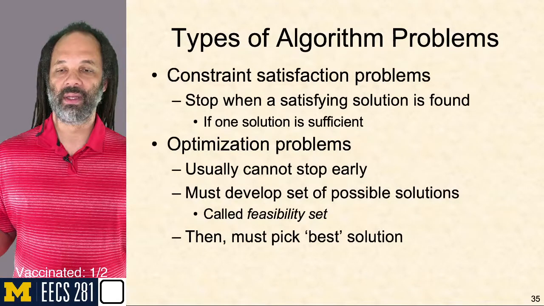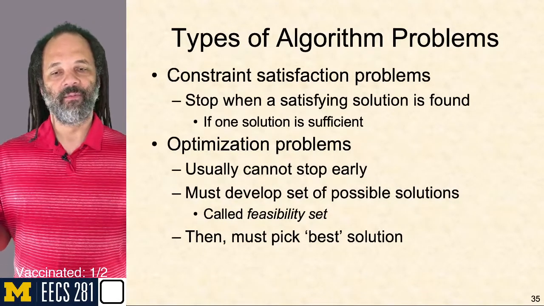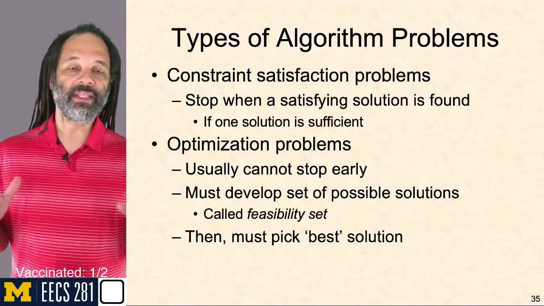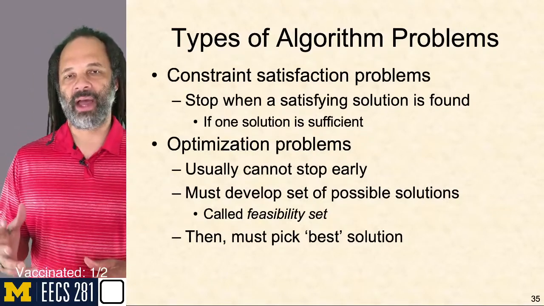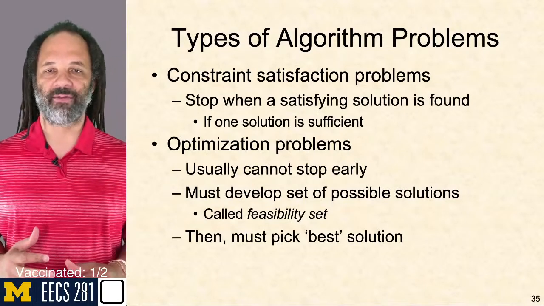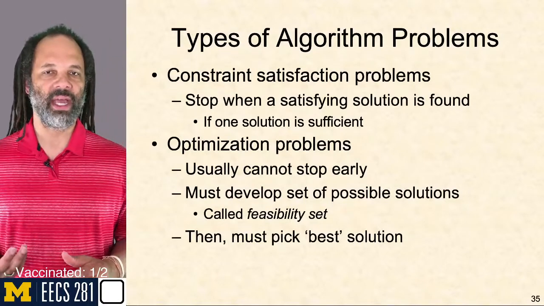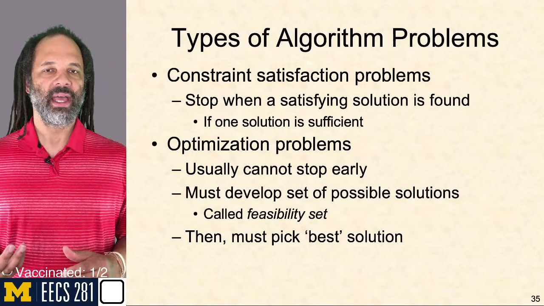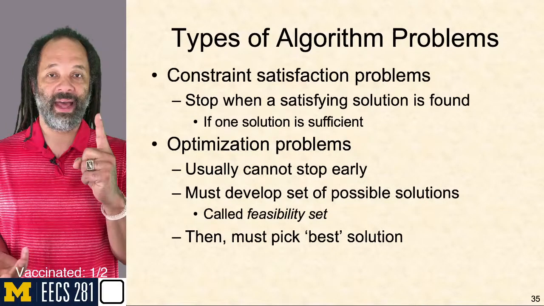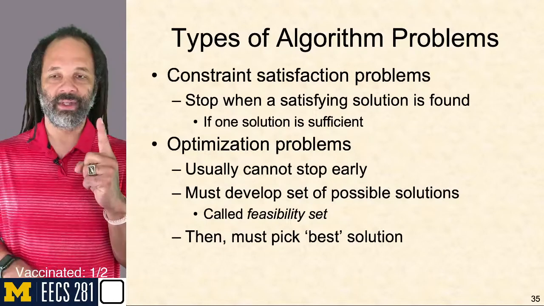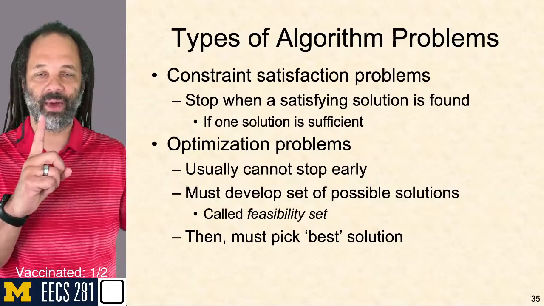So you get this set of feasible solutions, this possible solution set. And depending on how you implement your solution, sometimes you may have to remember all of those, but generally it's good enough to say, I've got this thing that's feasible, and I'm going to remember that because I think it's the best until I see something better. As soon as I see something better, throw that away.